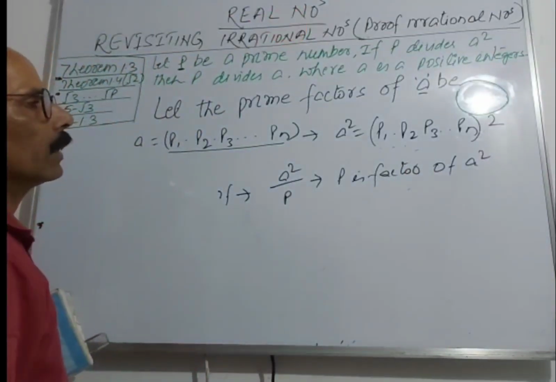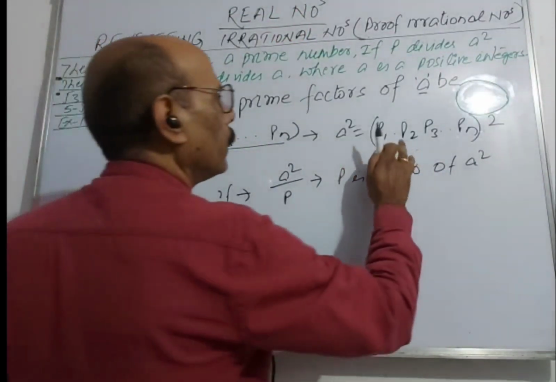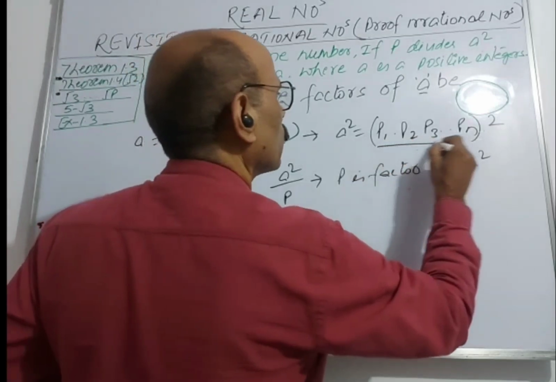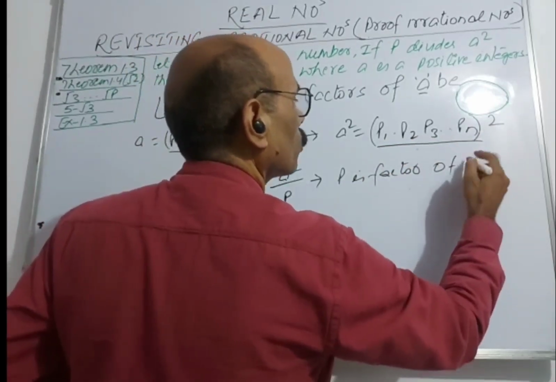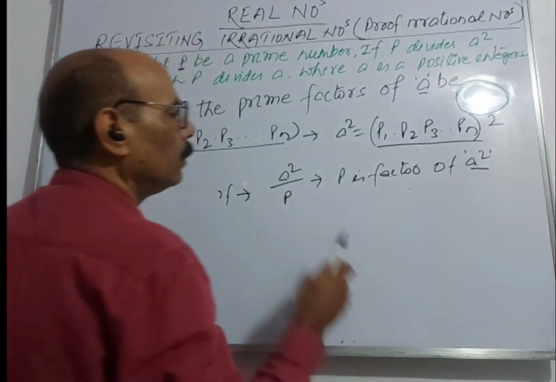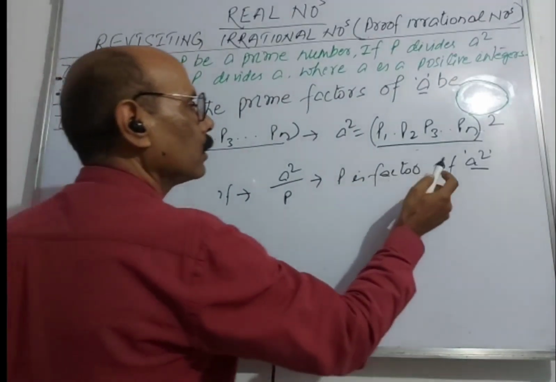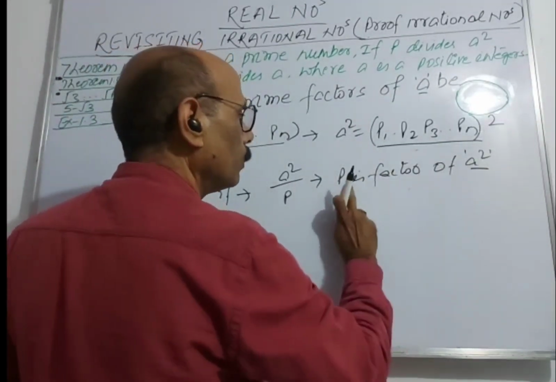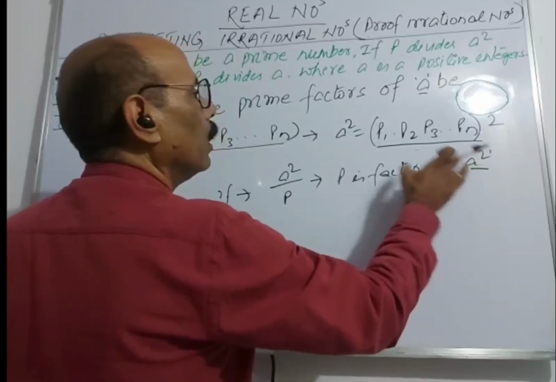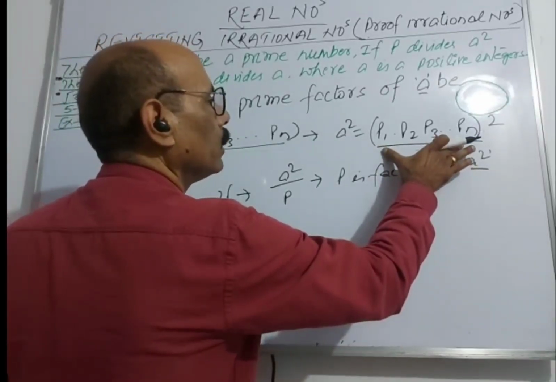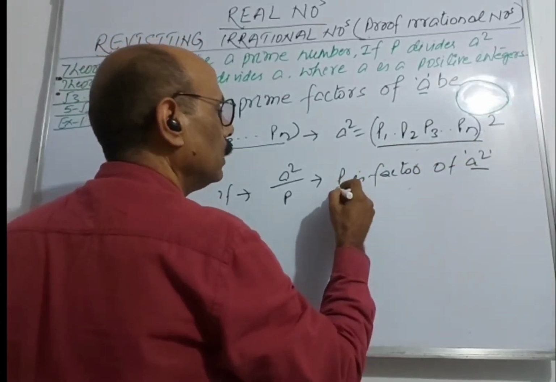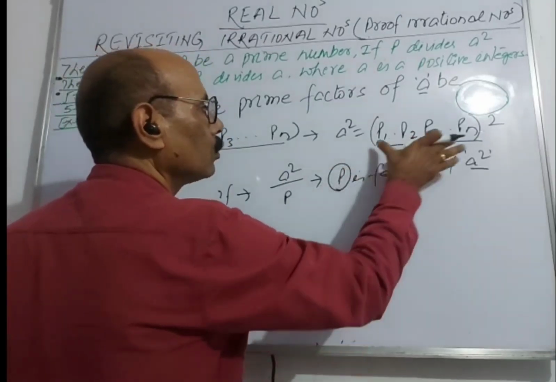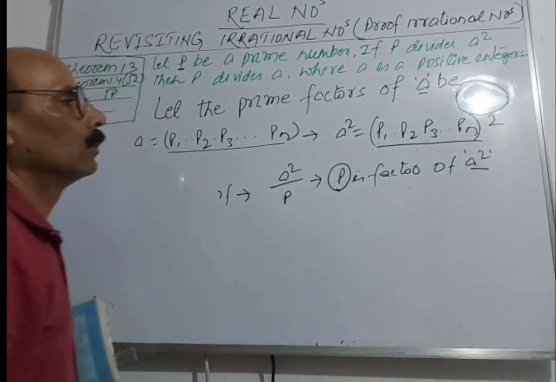And all the factors of a square are written here. If p is one factor of a square, and all the factors of a square are written here, that means certainly this p belongs among these.